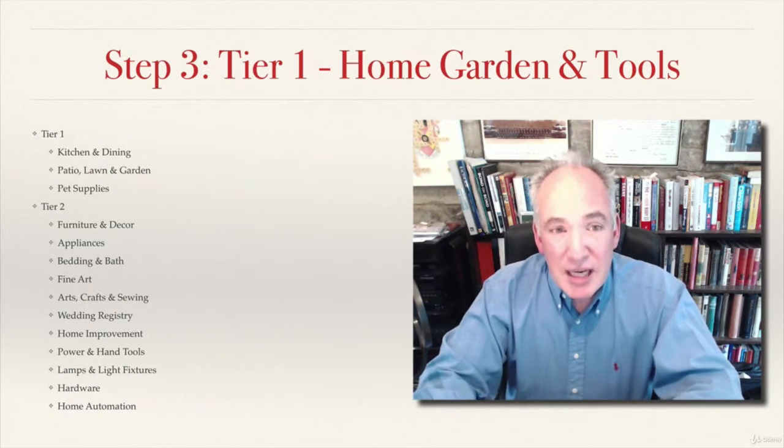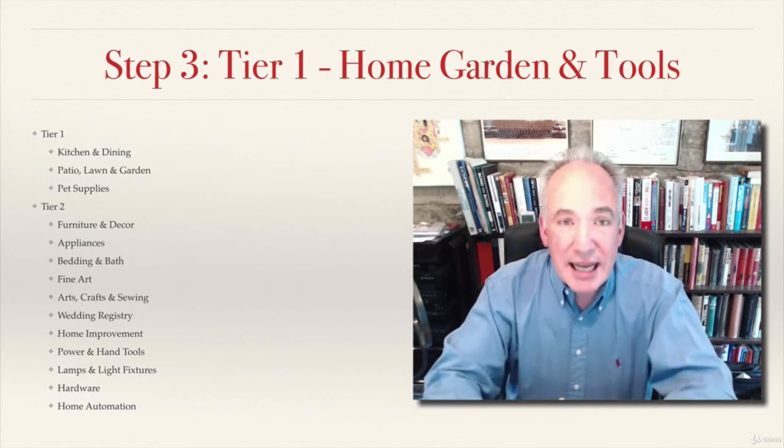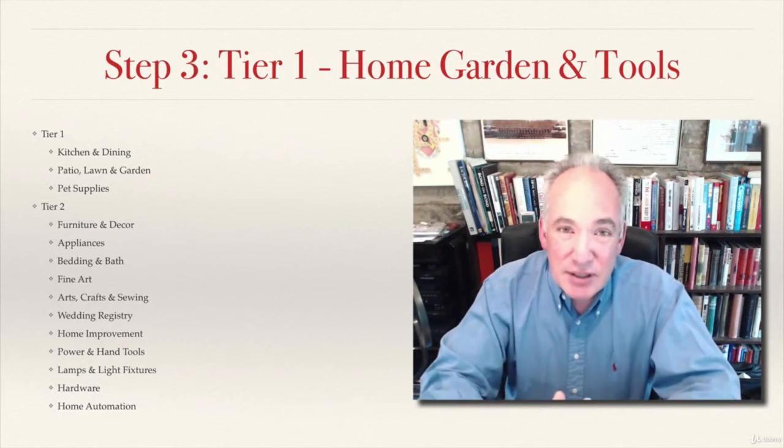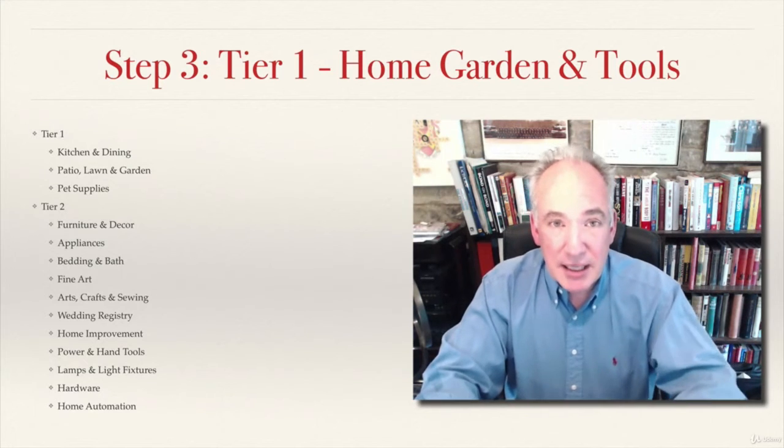So if I then look at step 3 of my tier 1 analysis, the homes and gardens, and I look at the next level down in homes and gardens, so I'm now looking at the major categories, the top categories in the home and gardens and tools department. You'll see that I've selected kitchen and dining, patio, lawn and garden and pet supplies initially as the categories I want to go into in more detail, and you'll see the pattern coming through here.